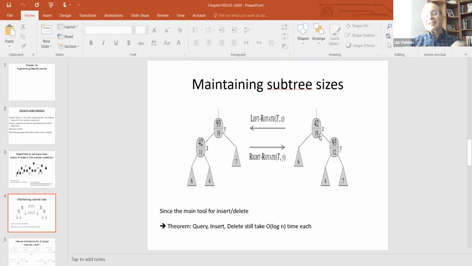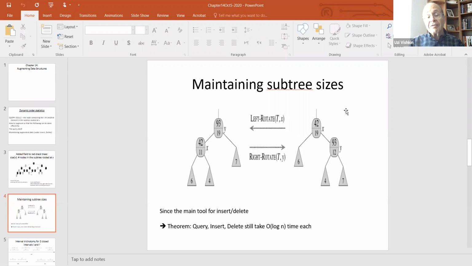Because this is the parent of the same ordered subtree: here Y was the root of this subtree, and now X is the root of this subtree. What happened to the number of nodes? Same. So this is a very simple update where this 19 becomes this 19. Not much thinking there.